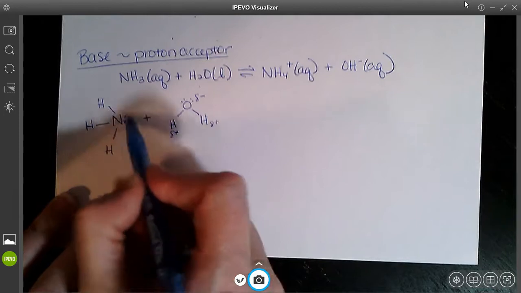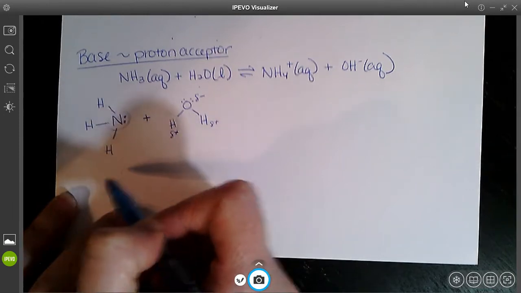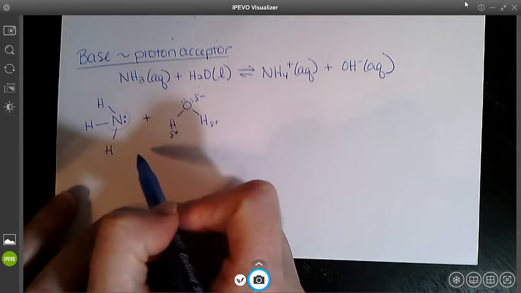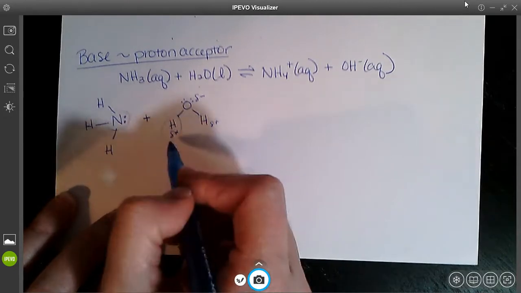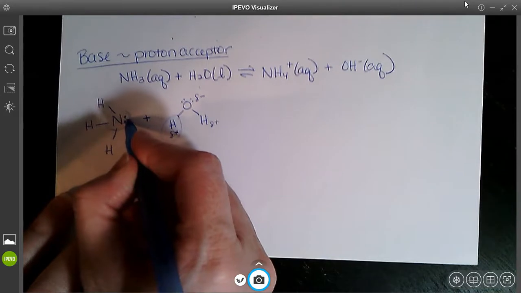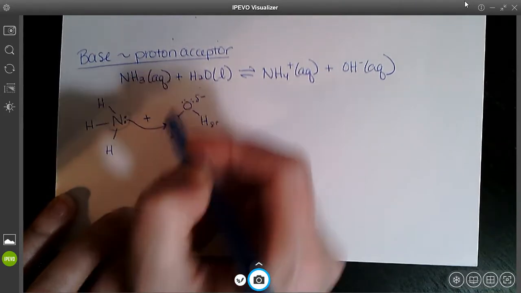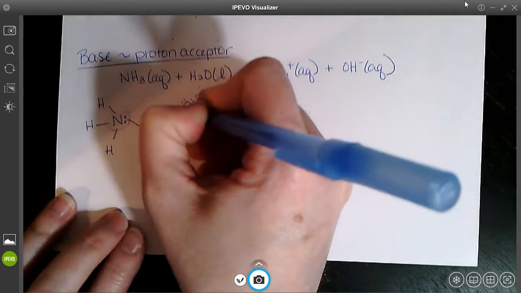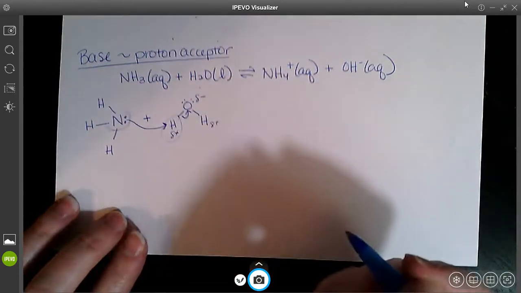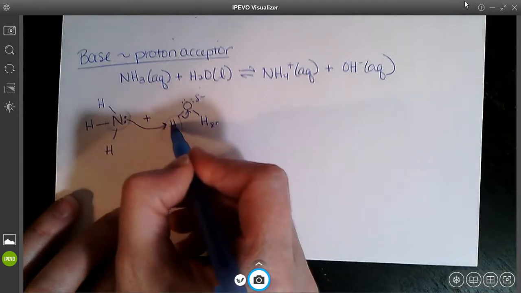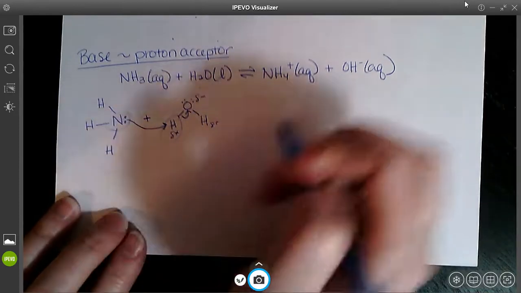So since this guy is so electronegative, he's like, hey, I want to see anything that's somewhat positive, and this hydrogen is somewhat positive. So these electrons go ahead and attach to the hydrogen, and these electrons get kicked off because hydrogen can't have 2 different bonds. So as soon as these electrons attack, the hydrogen gets released from the water.